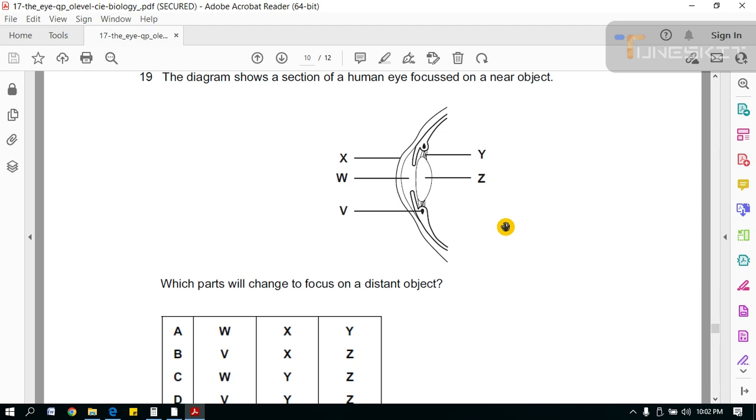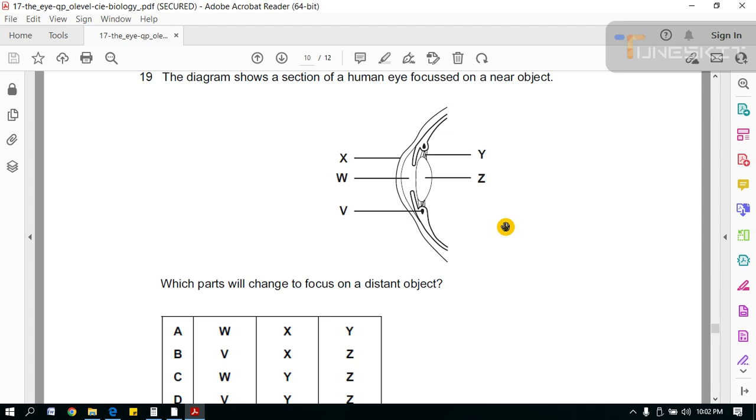So he is asking you a question, and in this diagram he has given you the situation when you see things focused on a near object, when you see things which are close to you. But which structures will change when you see things which are distant to you? Definitely ciliary muscles will change, meaning they will contract or relax.